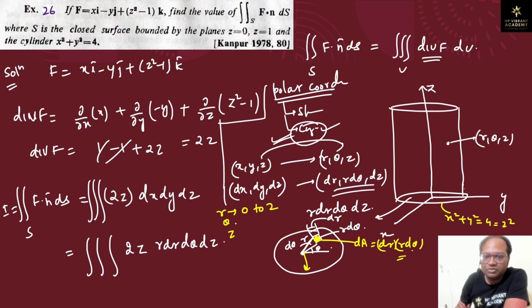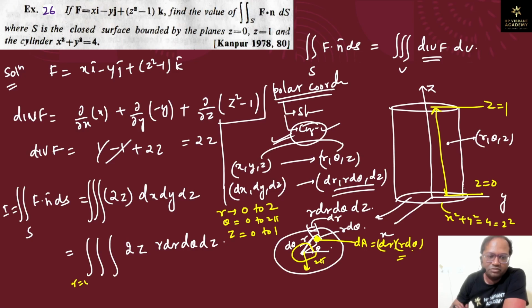Theta varies from 0 to 2 pi, because this whole region will be covered once we vary theta from 0 to 2 pi. And z varies from, so this is the z limit, this surface is bounded by the plane z equal to 0 and z equal to 1. So z varies from 0 to 1. So r is 0 to 2, theta is 0 to 2 pi and z is 0 to 1.